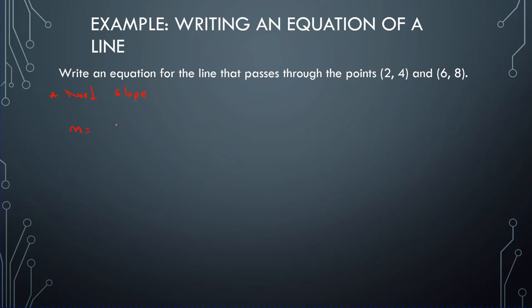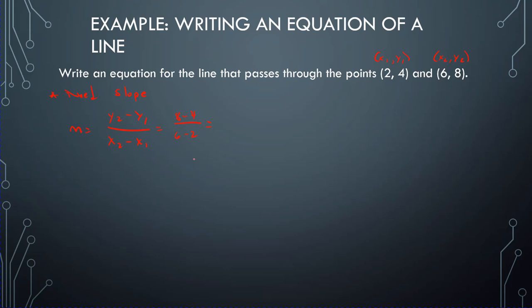So slope is equal to y2 minus y1 over x2 minus x1. So these are my 2 points, right? So look, even though they don't directly give me the slope, I can use these 2 points to figure it out. So it's 8 minus 4 divided by 6 minus 2.